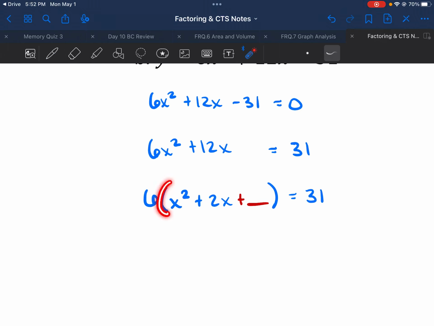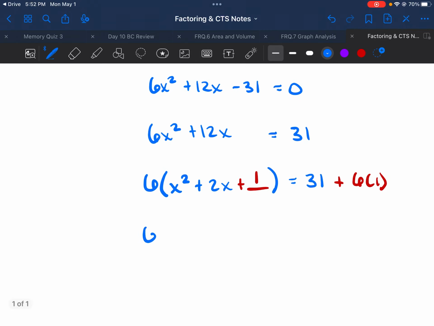All right, so we're looking inside the parentheses. Look at that middle term's coefficient, that 2. Cut it in half. Half of 2 is 1. Square that. 1 squared, 1 times 1, is 1. But we need to balance it on the right side. Well, remember, this plus 1 is getting multiplied by this 6.